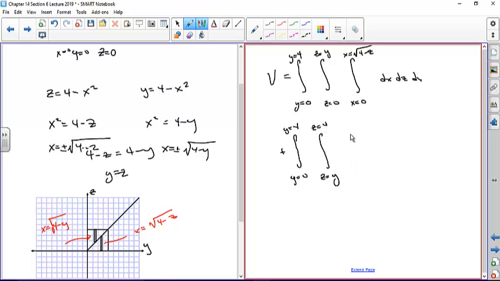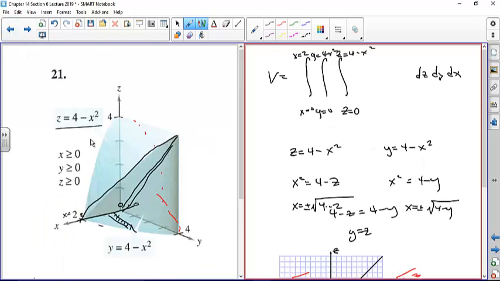And then the function that applies to that region is going to be, you go from x equals 0 to x equals the square root of 4 minus y, and it's still going to be dx dz dy. And you add those two together, and it should end up being the same integral that we got here.